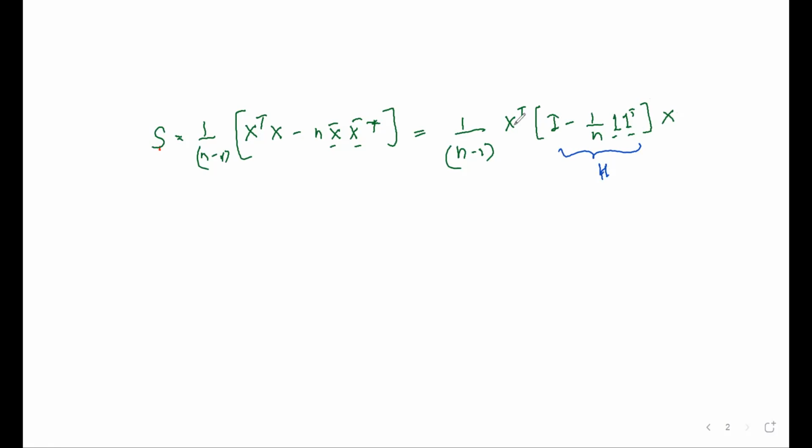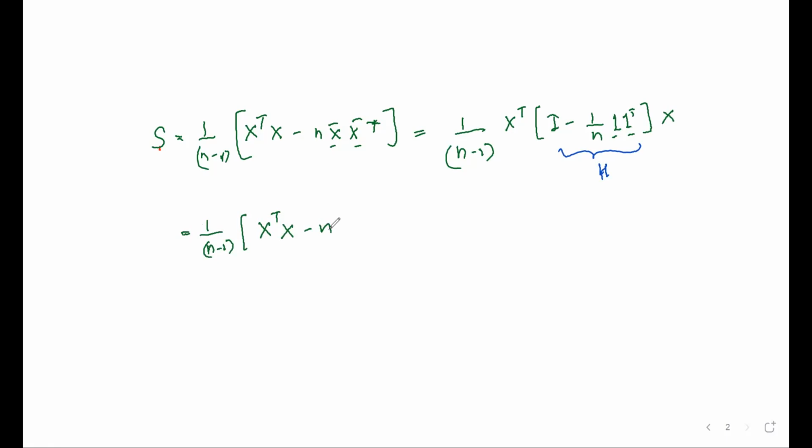Can you show? Nothing much, just plug in for x bar, right? We know x bar in matrix form. So x transpose x, that's our data matrix, minus n x bar x bar transpose. You simply have to plug in the matrix notation.